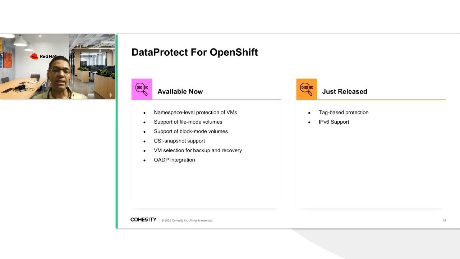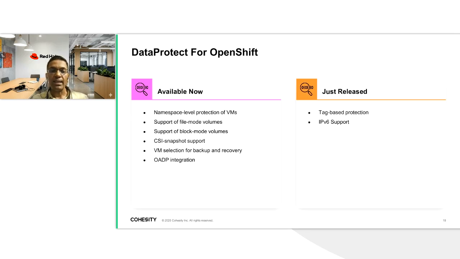And as you can see, we have support. We started with namespace-level protection of VMs and support for file mode volumes. The next phase was adding support for block mode volumes and supporting backups with CSI snapshots for the volume selections.